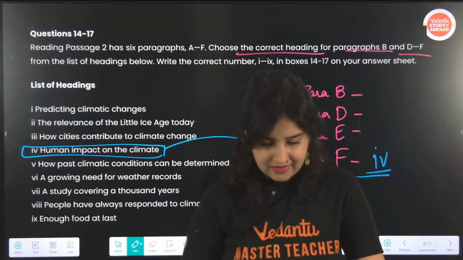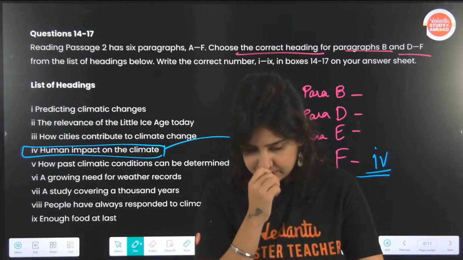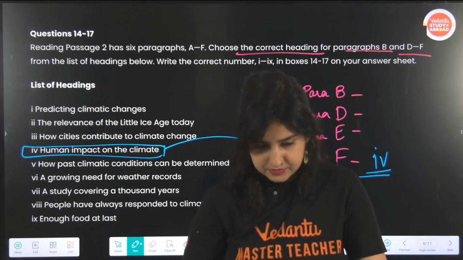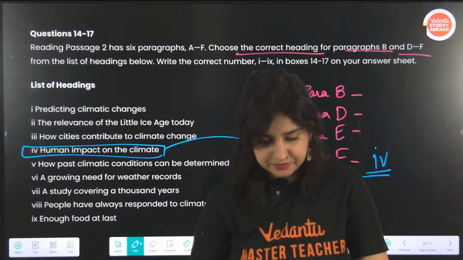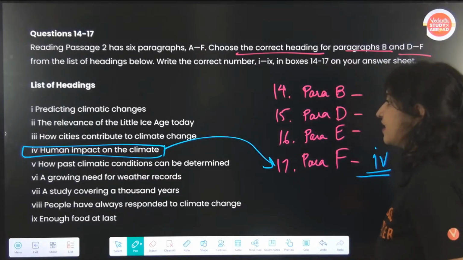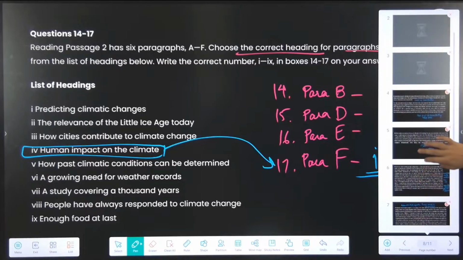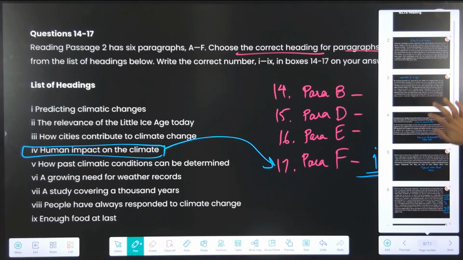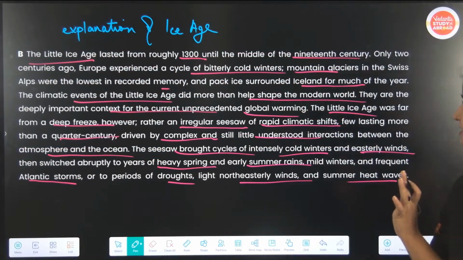So you're saying 7, 8, okay, let's see. Let's go to paragraph B. This is an explanation of the Ice Age. That's what we've written, right?